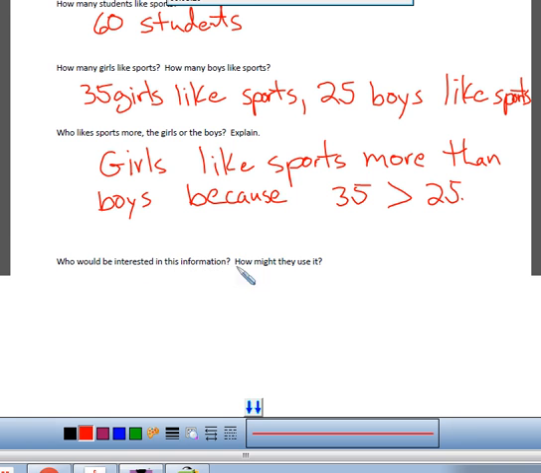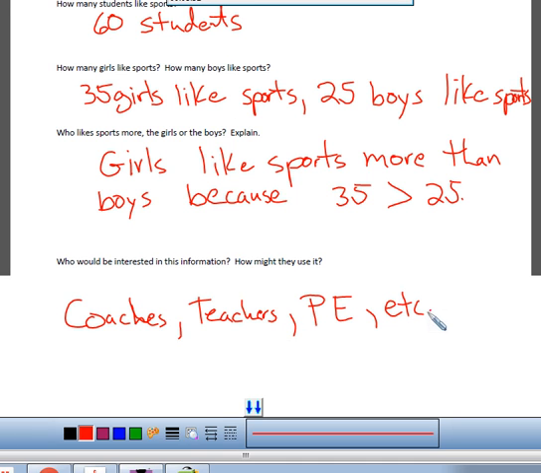Who would be interested in this information? How might they use it? Well, I'm thinking maybe coaches, teachers, PE teachers, administrators. There are a lot of different people who could be interested in this.